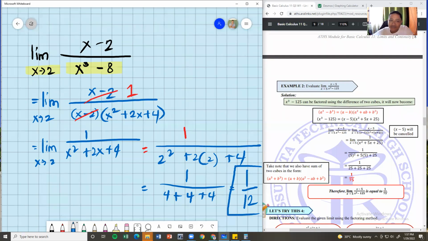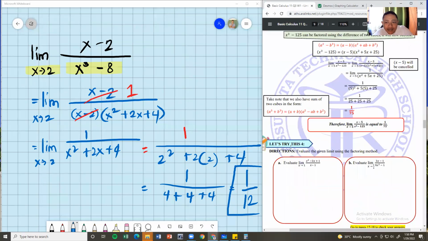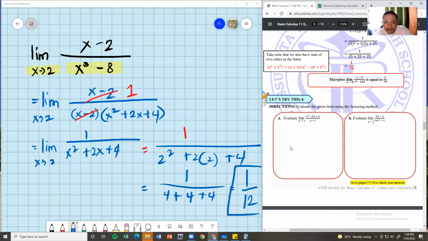That's it. Can you follow? That's by the factoring method. Show me a reaction based on how you understood that example. Very good. Thank you so much. We're done with the factoring method.